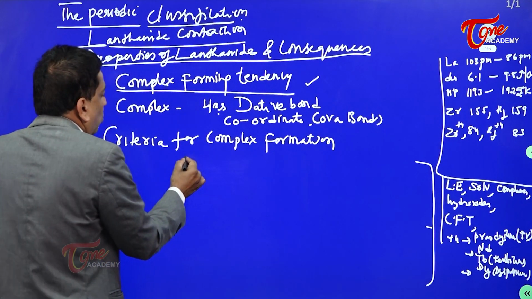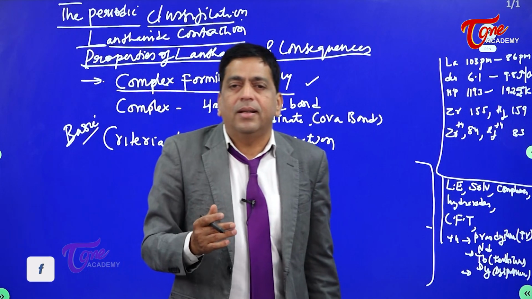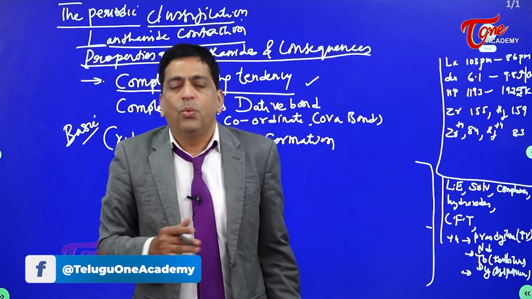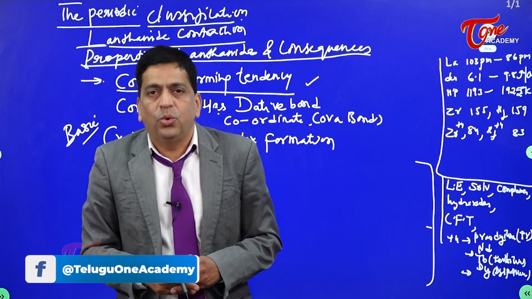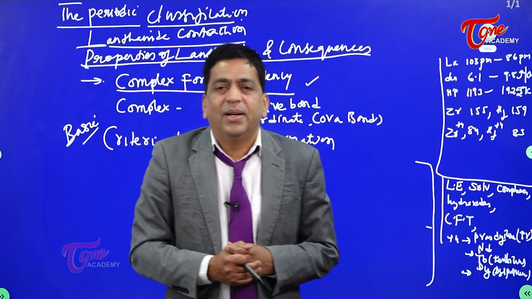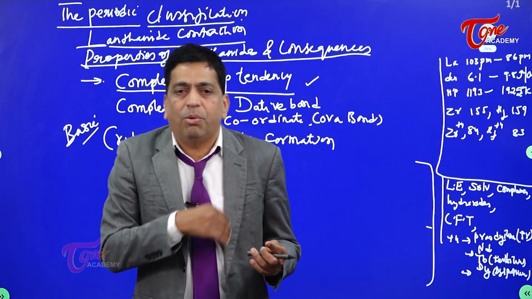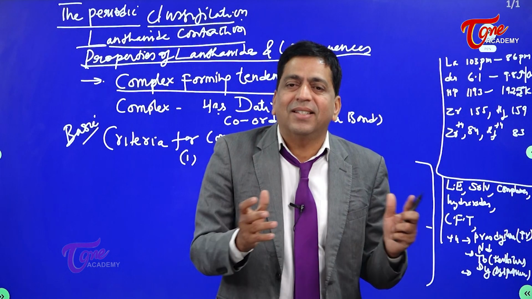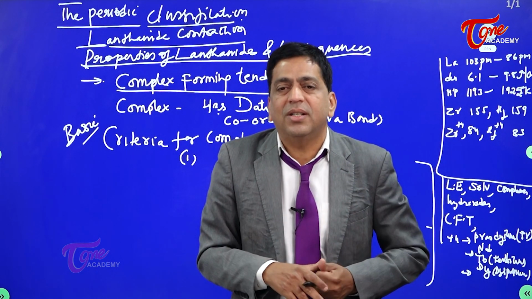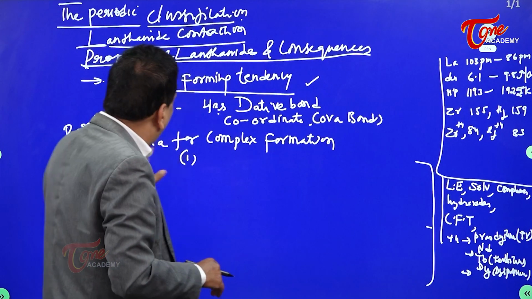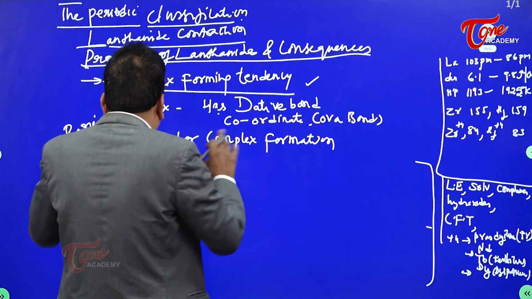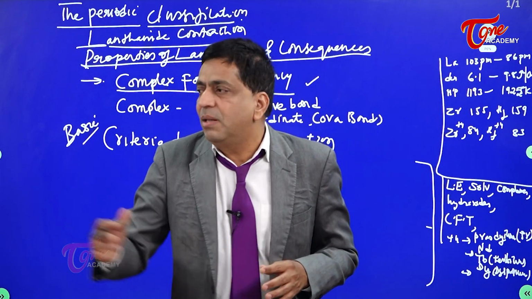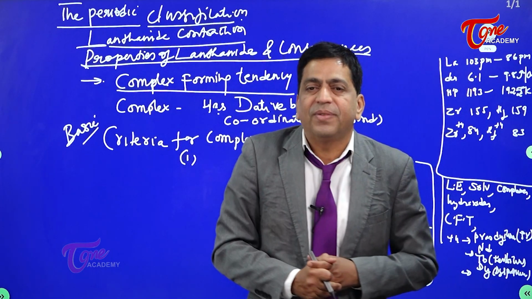Basic criteria for the complex formation. I have two things to do. One, as I said, a pair of electrons is donated to you. When a pair of electrons is donated to you, you must be accepting it. For acceptance, you don't put electrons in your pocket, right? You need to have empty shells. So you must have vacant subshells, or vacant orbitals, you must understand. So the first criteria is empty yourself. When you are emptying yourself, then I think the pair of electrons can be donated to you.